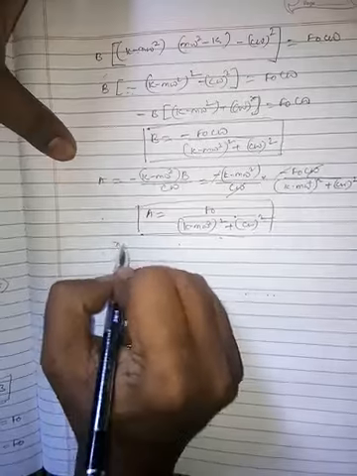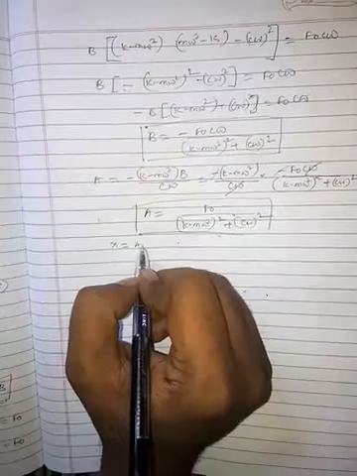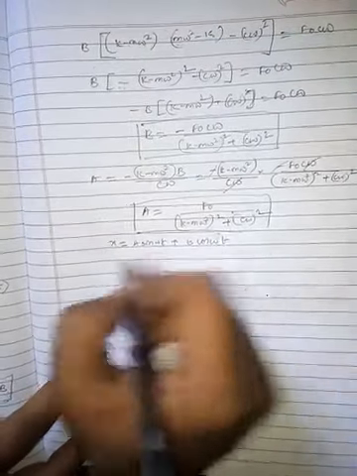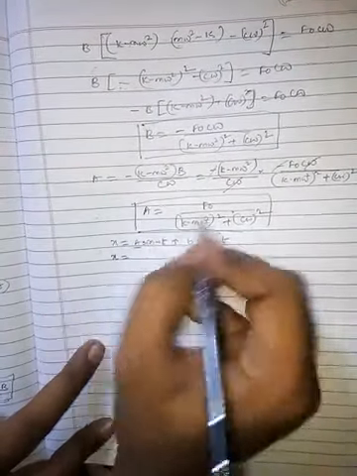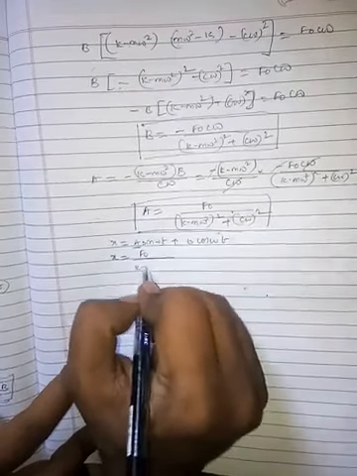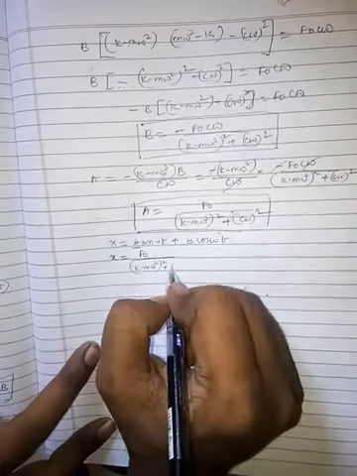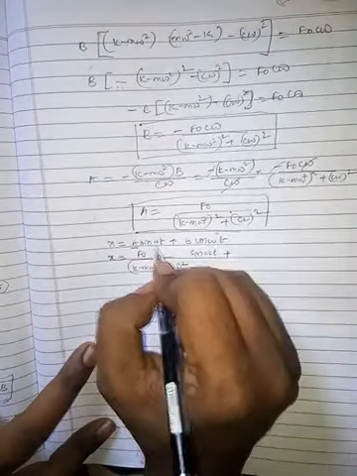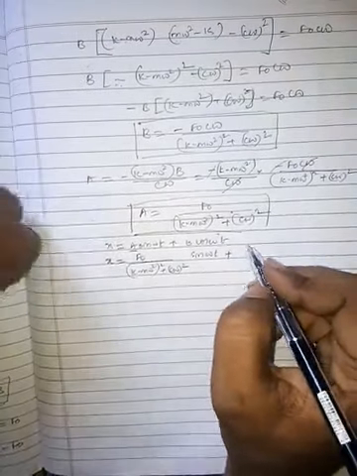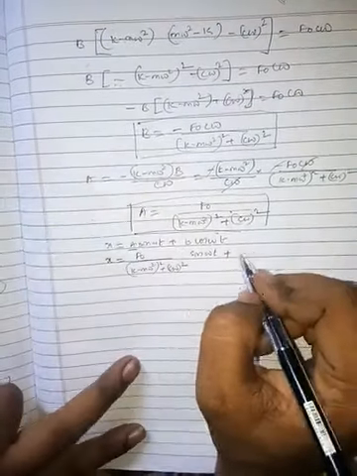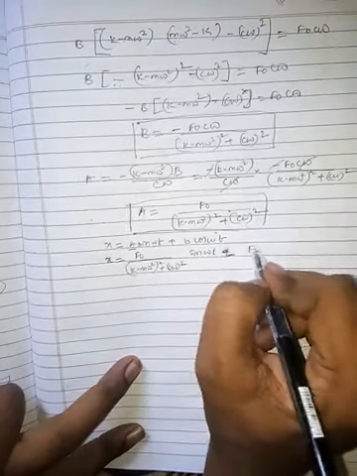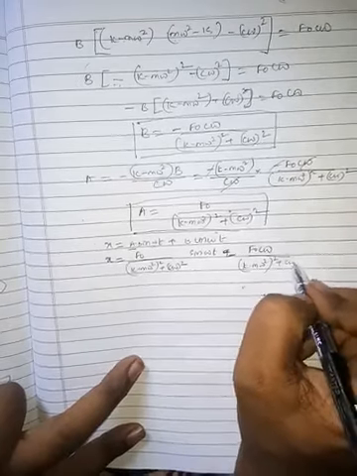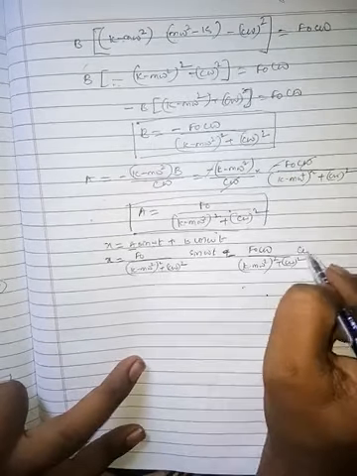Okay, now we know that x is equal to a sin omega t plus b cos omega t. Let us substitute the value of a and b. The a value is f naught (k minus m omega square) divided by (k minus m omega square) whole square plus (c omega) whole square, times sin omega t, and the b value is minus f naught c omega divided by (k minus m omega square) whole square plus (c omega) whole square, times cos omega t.